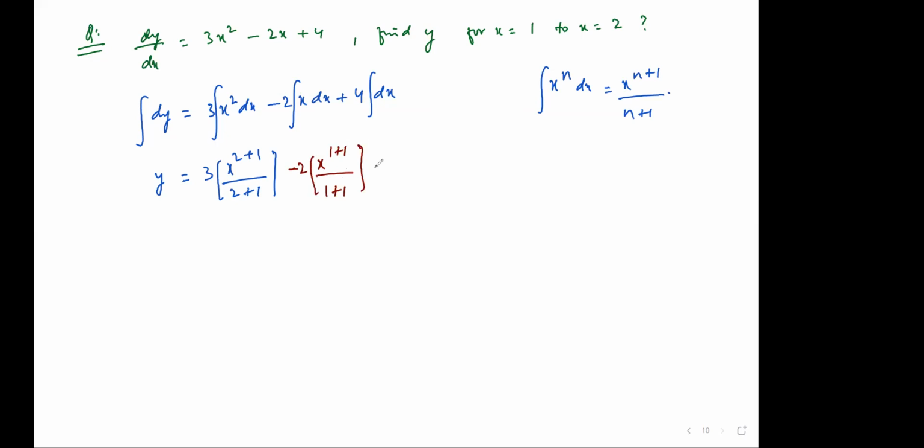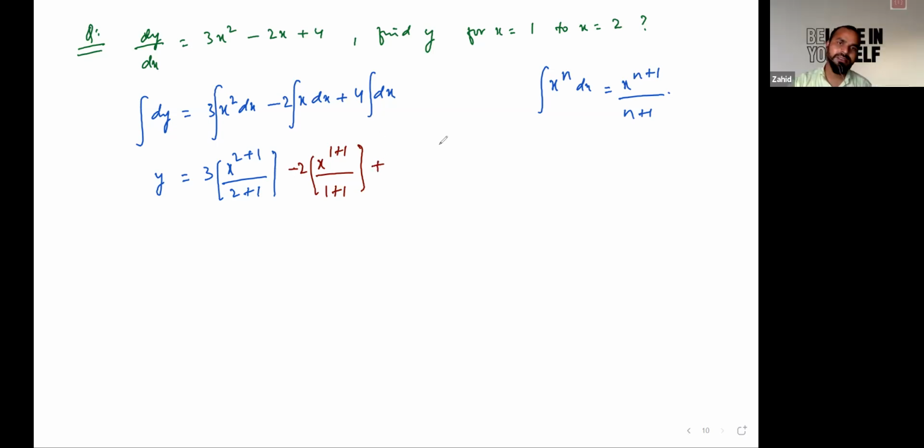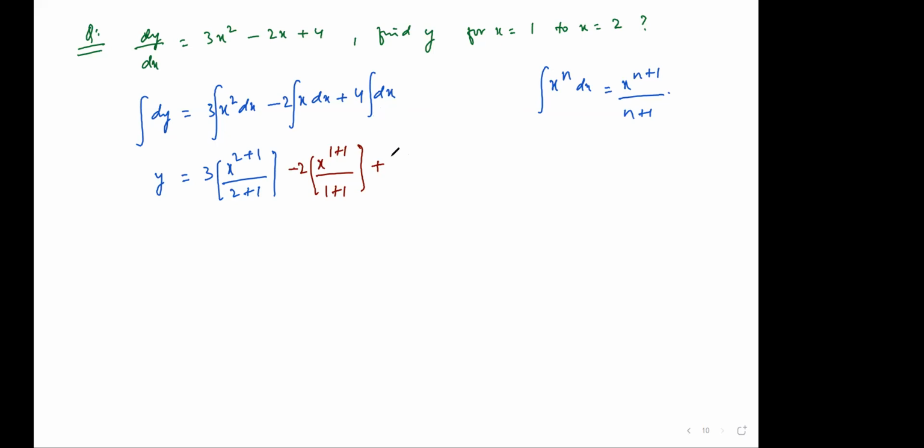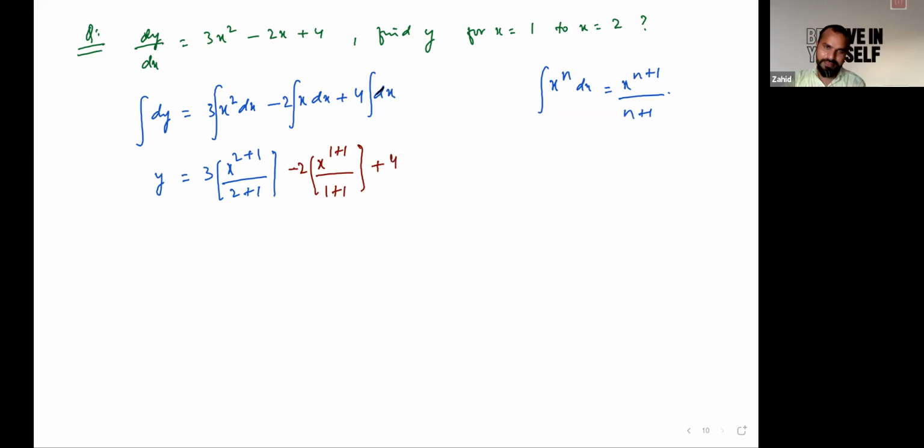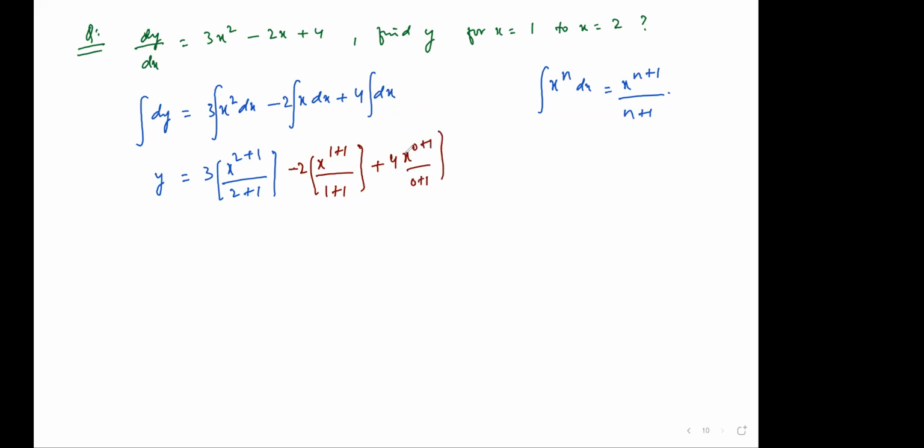Okay, sir. And for the next part, 4x to the power 0, since it has x raised to the power 0, so it will be x to the power 0 plus 1 divided by 0 plus 1.